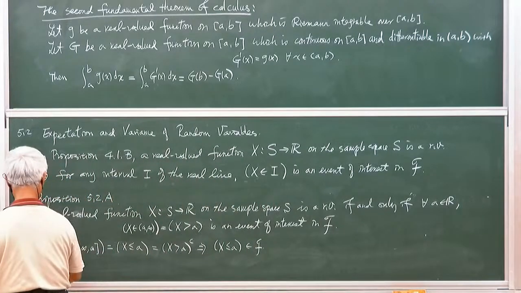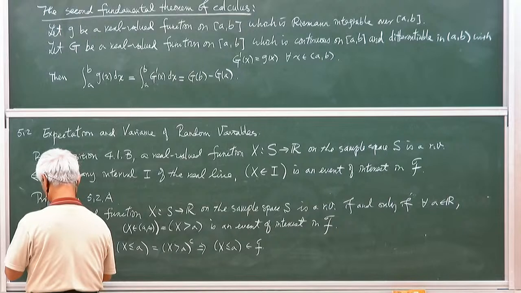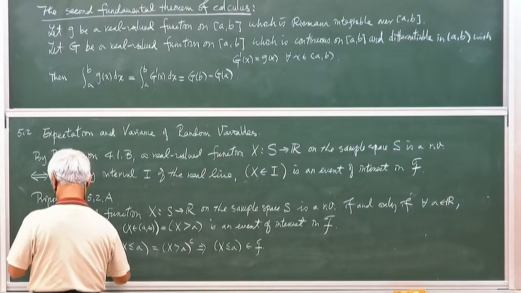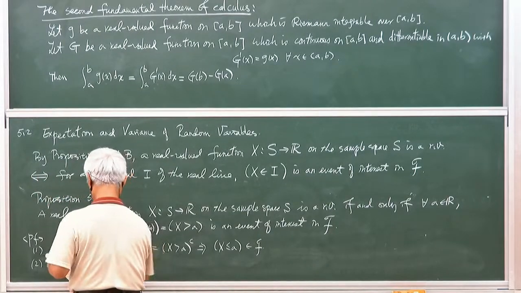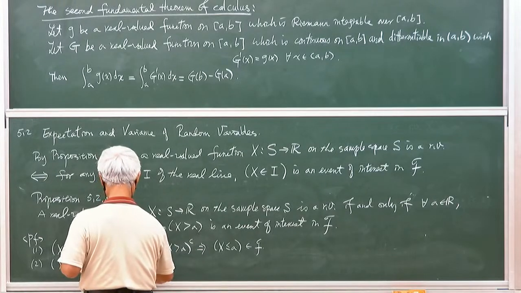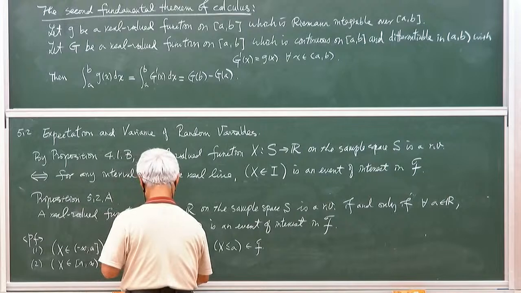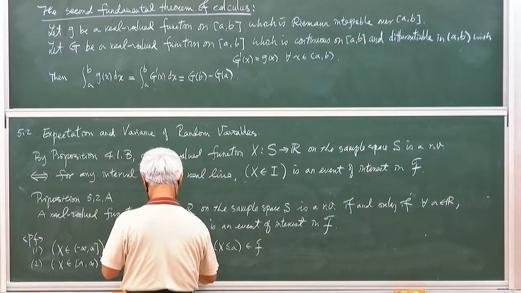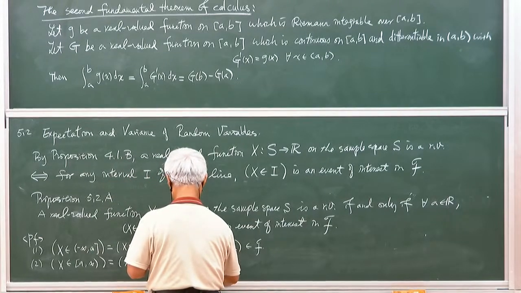Second, the type where X is in the closed interval from A to infinity. This is equal to X greater than or equal to A, and so this is the intersection over n from 1 to infinity of X greater than A minus 1 over n.